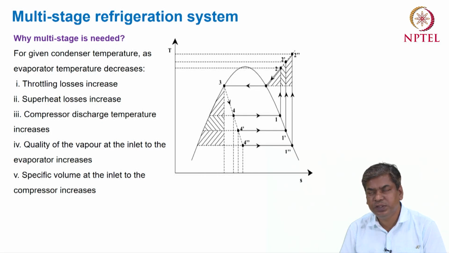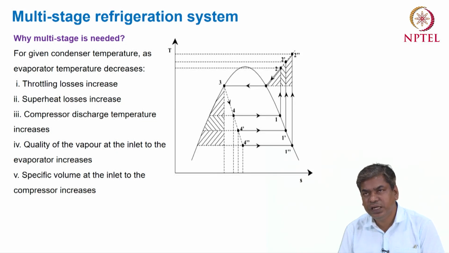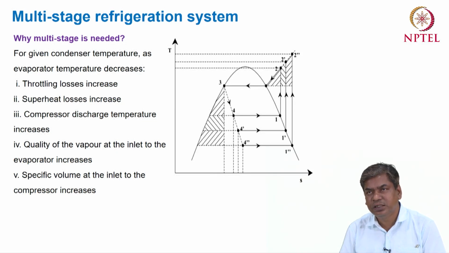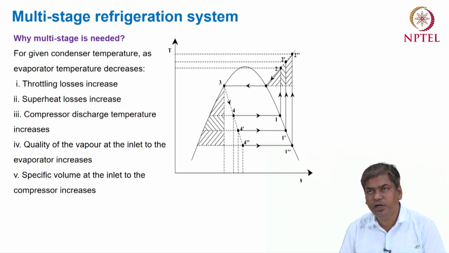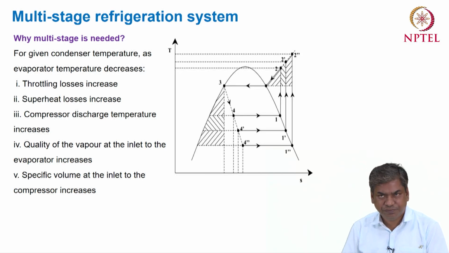If we decrease the evaporator temperature from point 1 to 1 double dash, the outlet of the compressor will change from point 2 to 2 double dash. The area marked in this diagram is also called the superheat horn, and this superheat loss will increase with a higher temperature difference between the evaporator and condenser.